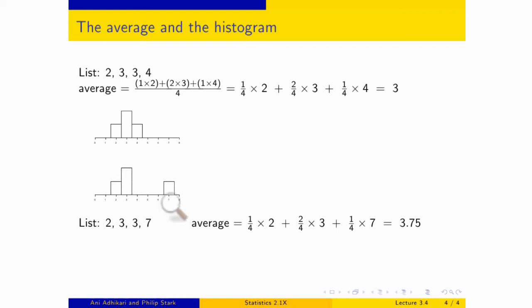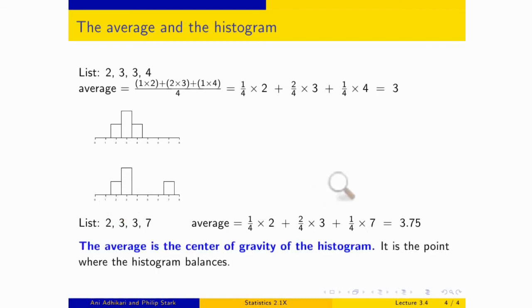And at the distance 7, you have a weight of another 1/4. Then this is precisely the calculation for the center of gravity. And if you've forgotten that, don't worry about it. Just take my word for it. The average is the balance point of the histogram. And it is in that sense that it is the center of the distribution. So the median picks out the center of the area, the halfway point of the area, and the average picks out the center of gravity.